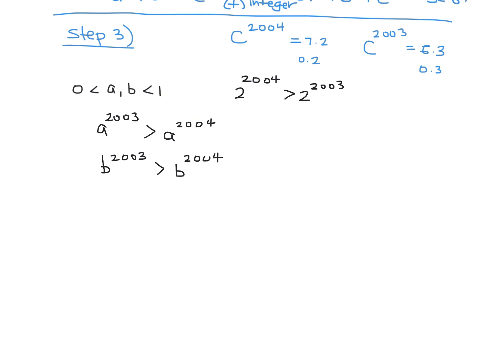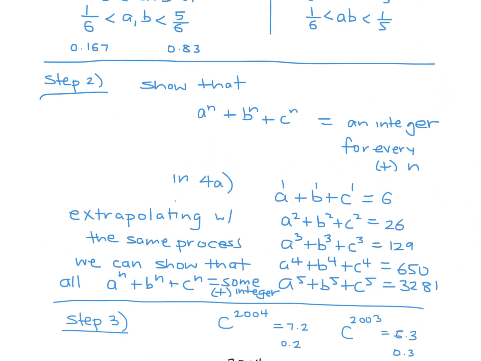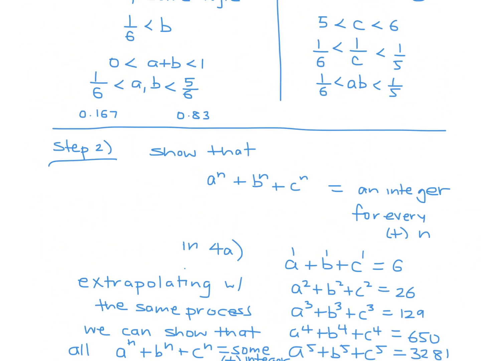Okay, so now we add these, and when you add them, you get a to the power of 2003 plus b to the power of 2003 is greater than a to the power of 2004 plus b to the power of 2004.